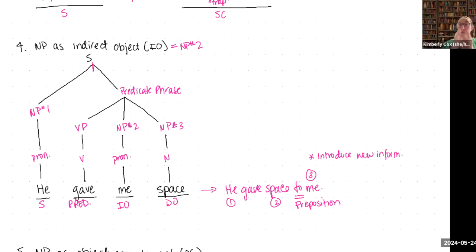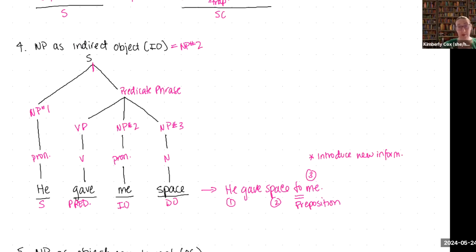And so as a result, we have 3 distinct bits of information. So a noun phrase functioning as a subject, which is information 1, right? Noun phrase functioning as a direct object, which is noun phrase number 3, so "space." And then noun phrase number 2 is "me," which is the indirect object.